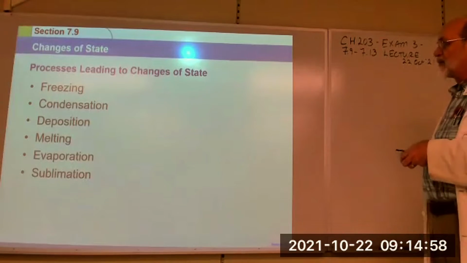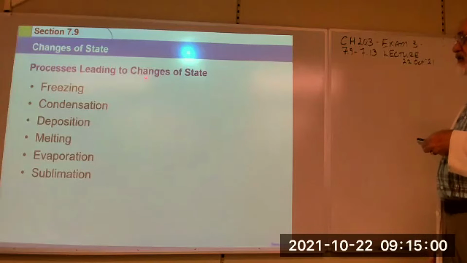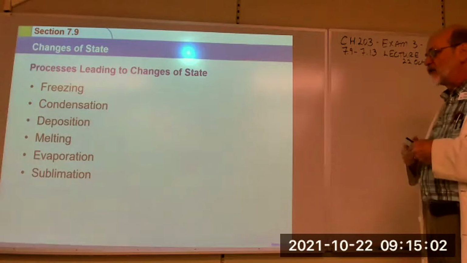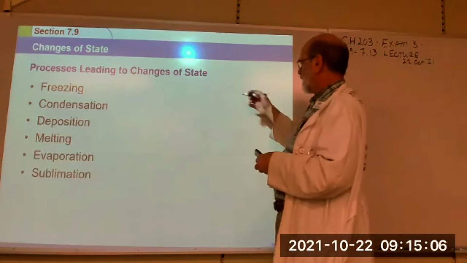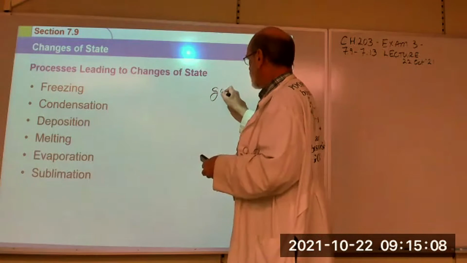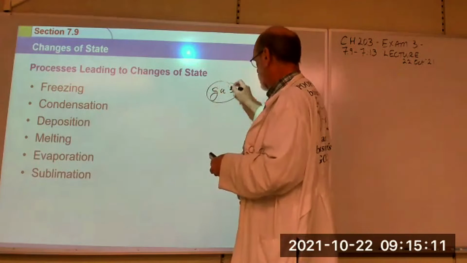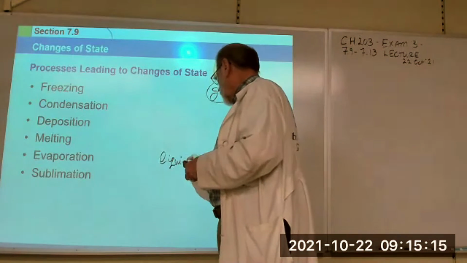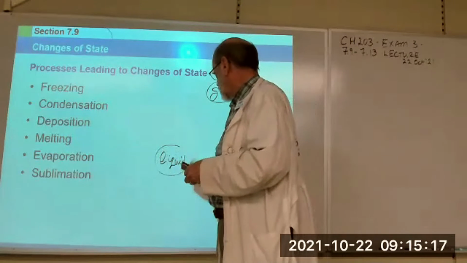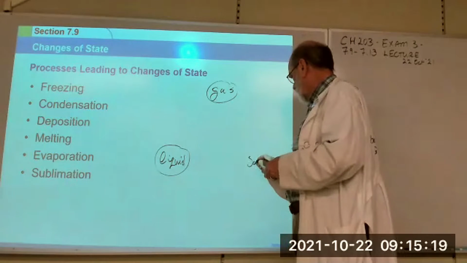These are different types of processes that change state. And I find it instructive to use a triangle. So if you've got the state of gas here, and then you've got liquid over here, and you've got solid over here.